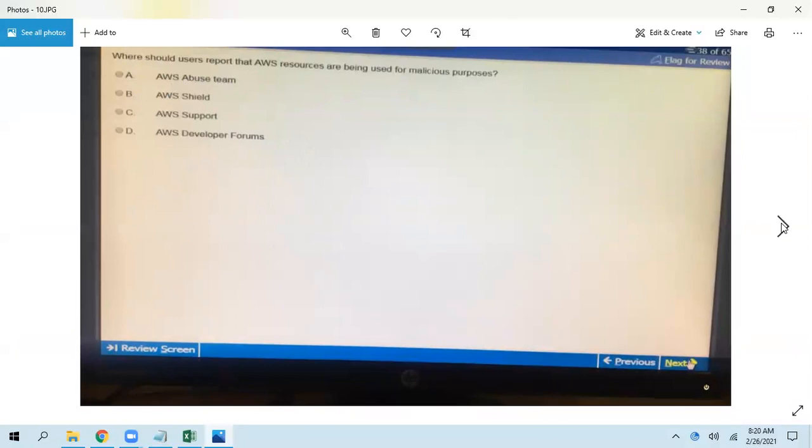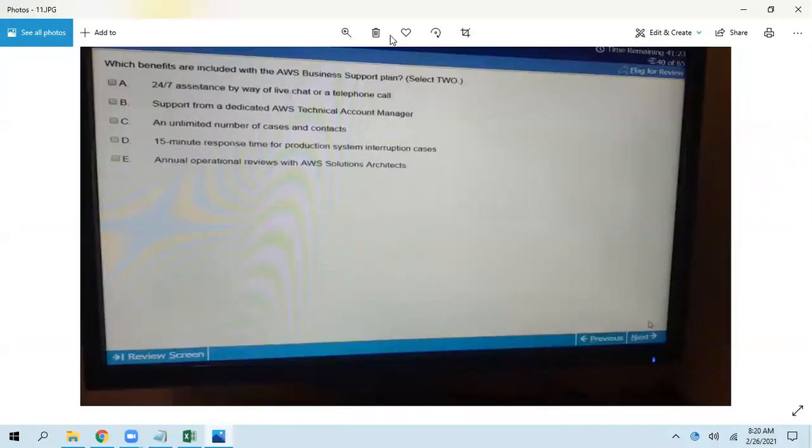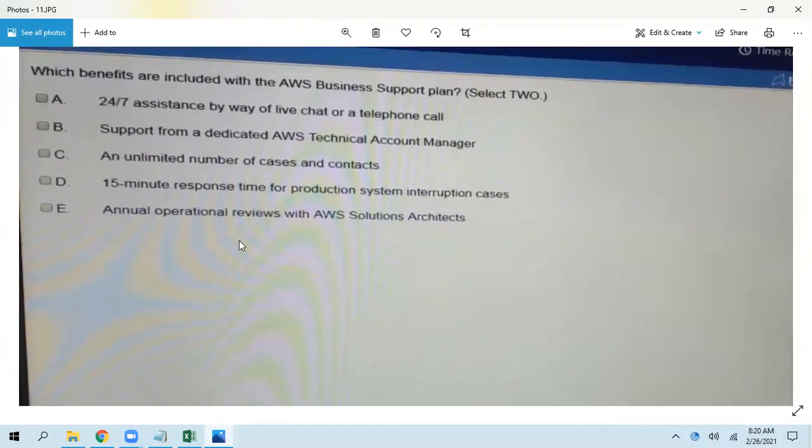So this is also one question: which benefits are included with the basic support plan? Oh, sorry, it's business. So it's under the business support plan. A and C. E, TAM: you will get TAM for Enterprise only.